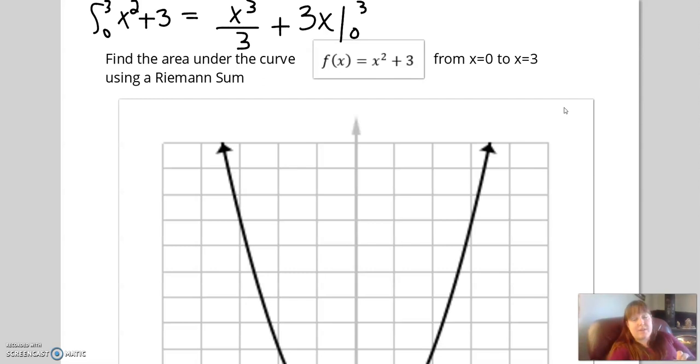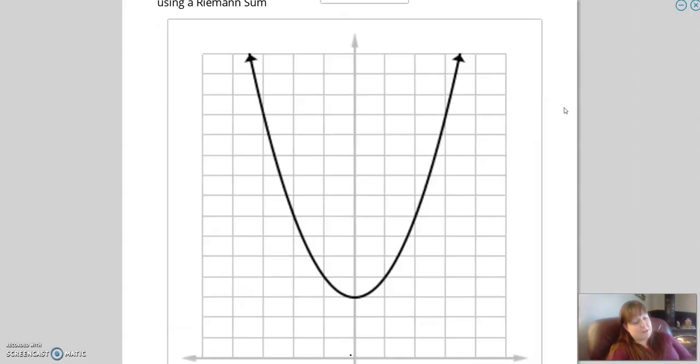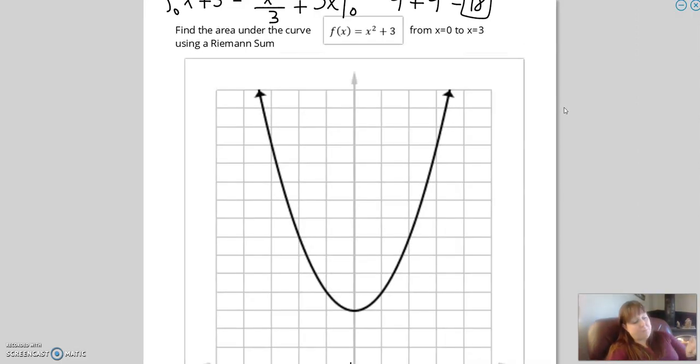Evaluated at 3, that would be 3 cubed divided by 3, which is 9, plus 3 times 3, which is 9. And then we would subtract 0 from that. So we know for a fact that the area under the curve there is 18. We know that from integration.